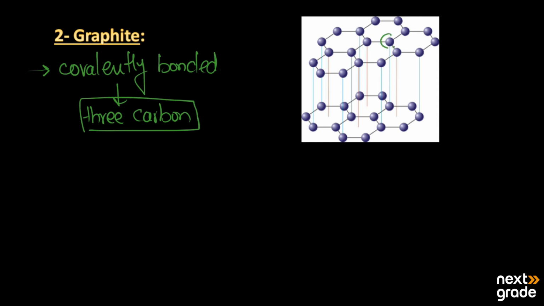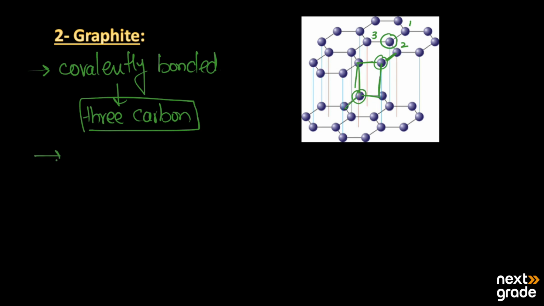Likewise, here we have a central carbon. It has bonds with three other carbon atoms, 1, 2, and 3. Likewise, this one also has three bonds, 1, 2, and 3. This one also has three bonds. So it is covalently bonded to three other carbon atoms rather than four as in diamond.